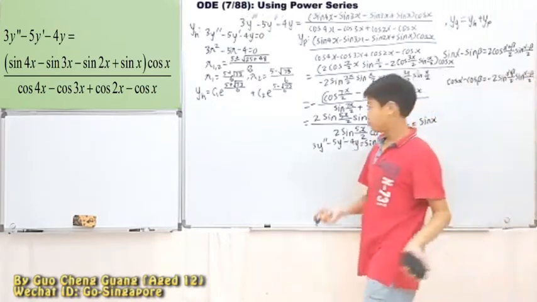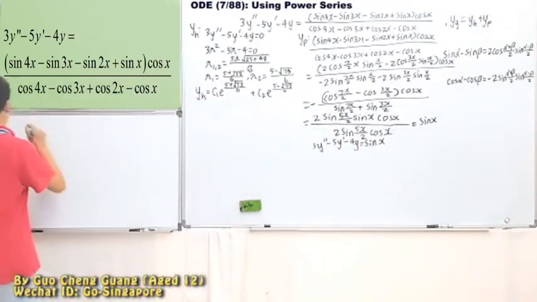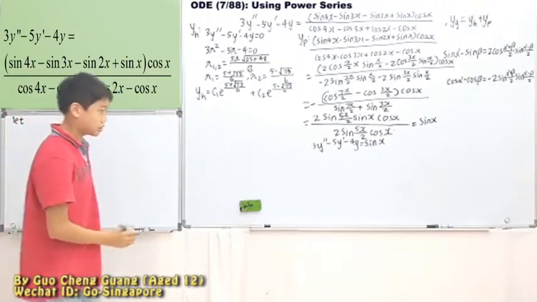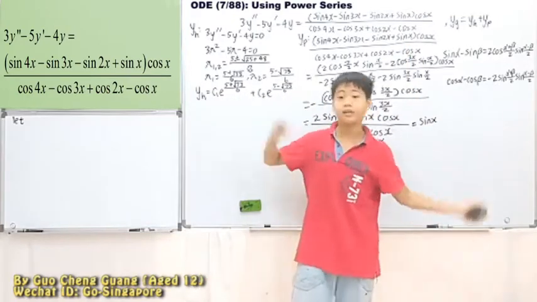Next part, the other is just to calculate these out. Since here you only have a sine, then that means you just change it to sine and cosine.